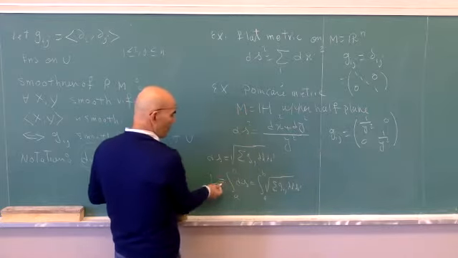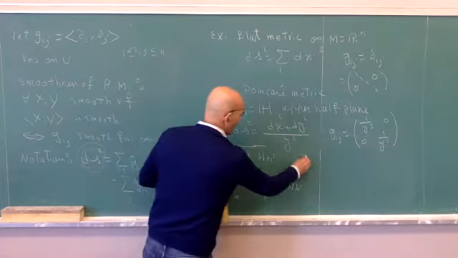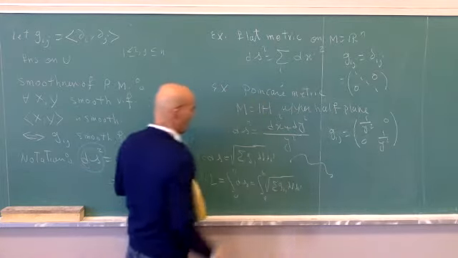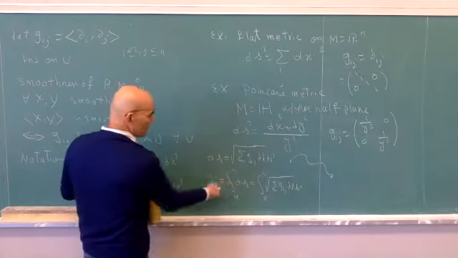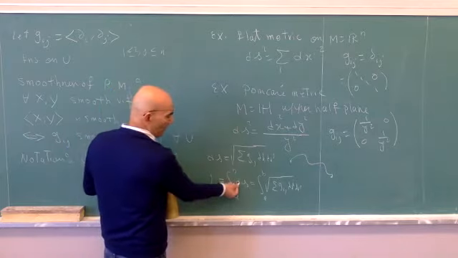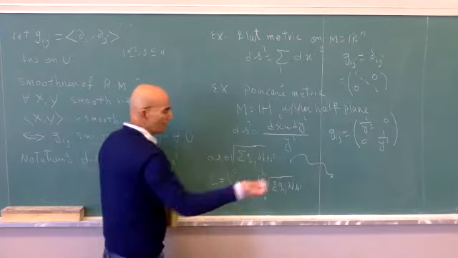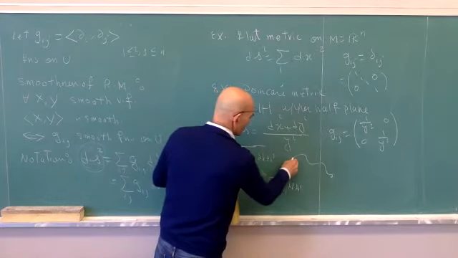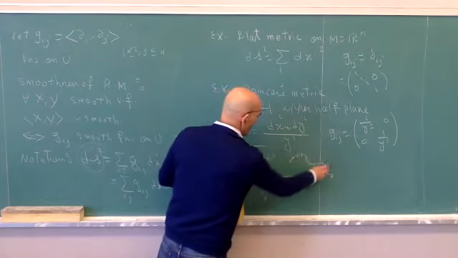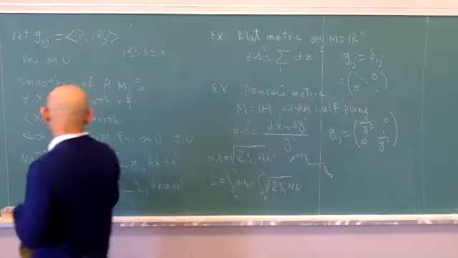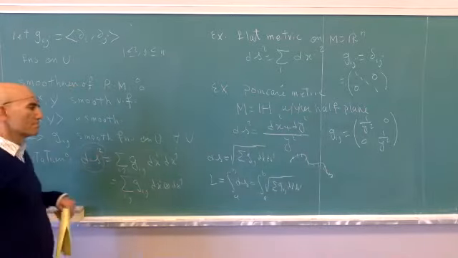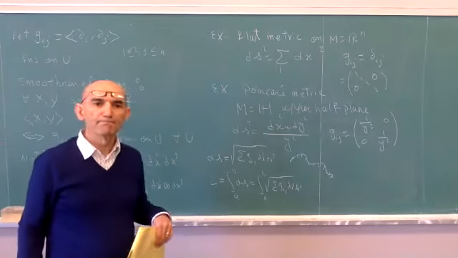So this is the formula for calculating the length of a curve on a Riemannian manifold. So it's kind of suggestive notation, right? You have an infinitesimal of length, and you just integrate it, you get the length. Okay, so that's the reason we have ds squared.